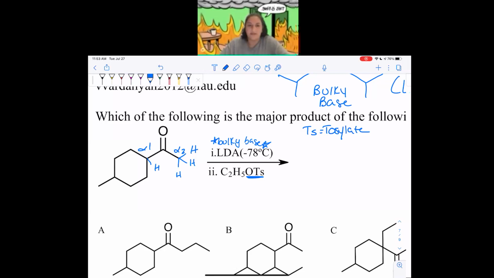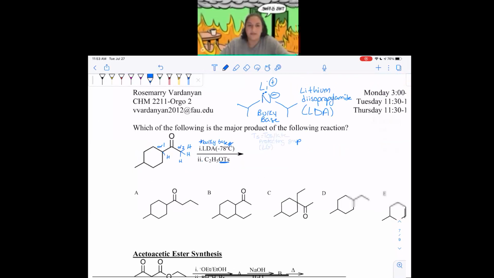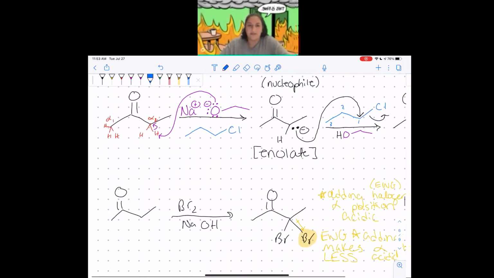And we know that tosylate is basically a protecting group, right? And it can also function as a leaving group. So in this example that we did just now, our leaving group was our chlorine.